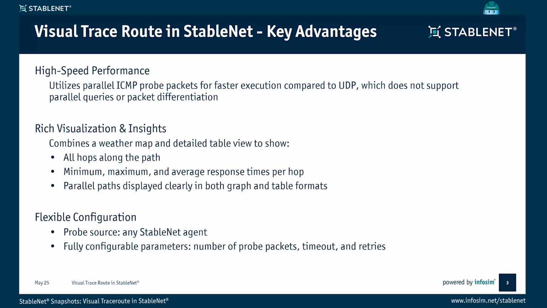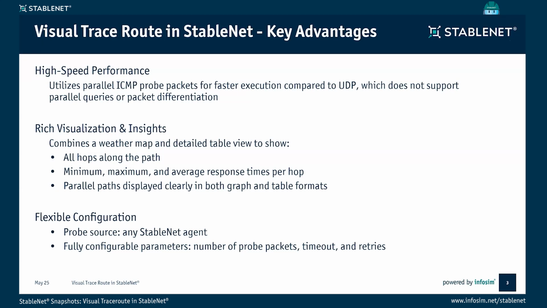First, StableNet uses parallel ICMP probe packets, which make the traceroute process significantly faster than traditional methods, unlike UDP-based probing, which can't support parallel queries and makes it difficult to correlate responses. ICMP-based parallel probes allow StableNet to send and process multiple packets efficiently and in real time.